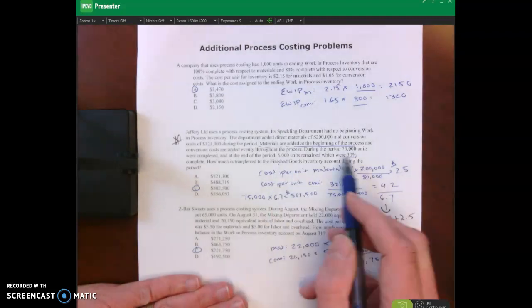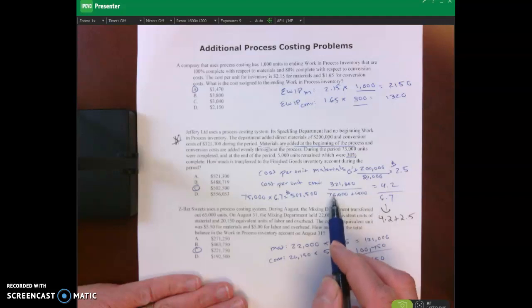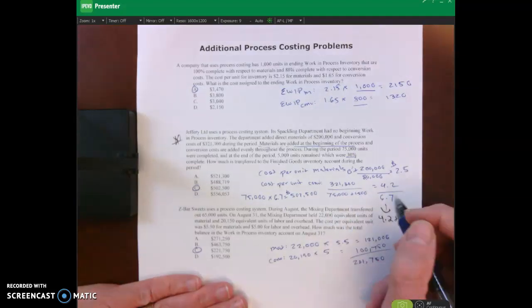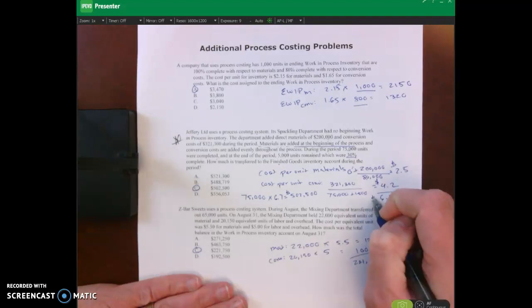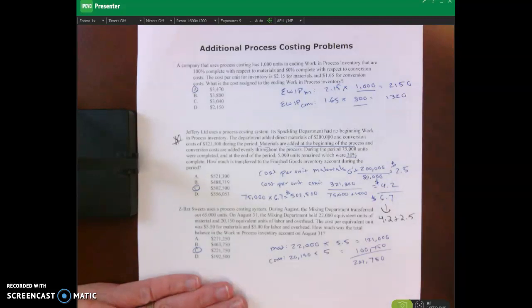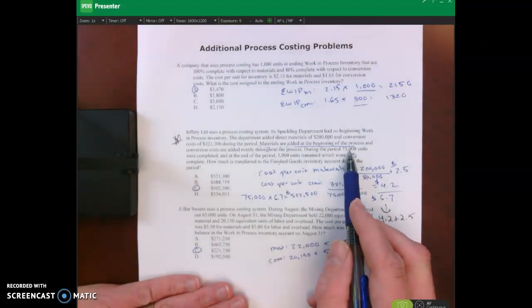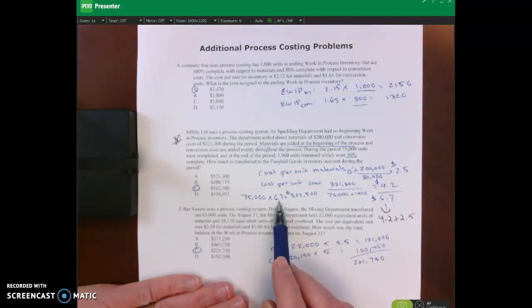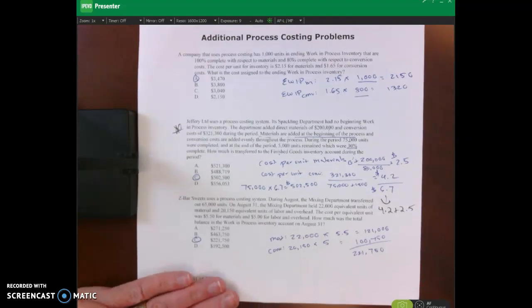So 5,000 times the 0.3 gives us 1,500. 321,300 divided by my 76,500 gives me $4.20. I add the two, $6.70, and then I say, well, how many units did I transfer out or finish? 75,000 times my $6.70, 502,500. That is the right answer.